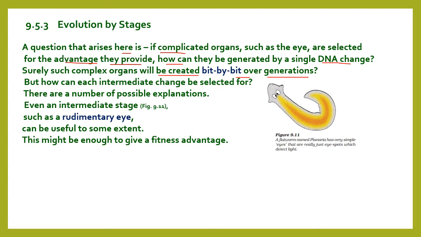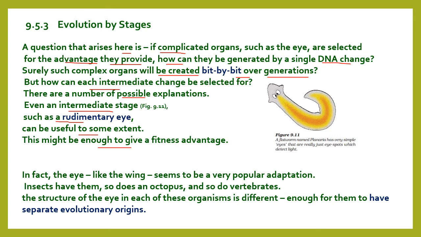Means only in one generation a complex organ like the eye cannot be generated. But how can each intermediate change be selected for? There are a number of possible explanations for this. Even an intermediate stage, such as a rudimentary eye, can be useful to some extent. This might be enough to give a fitness advantage.